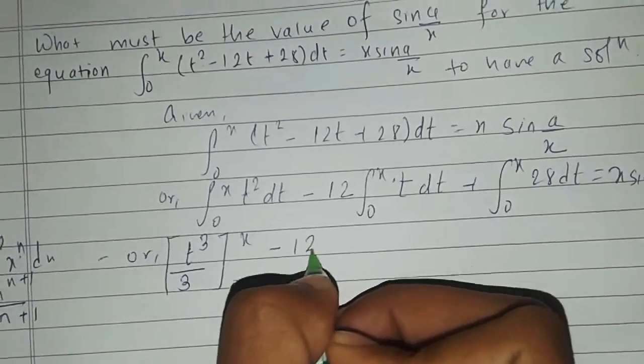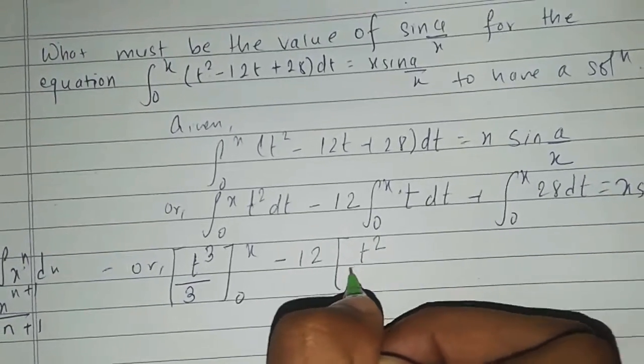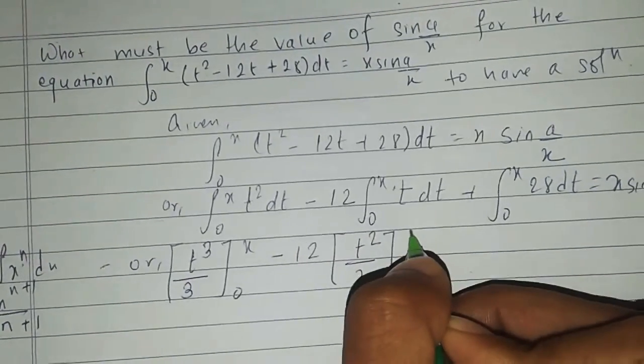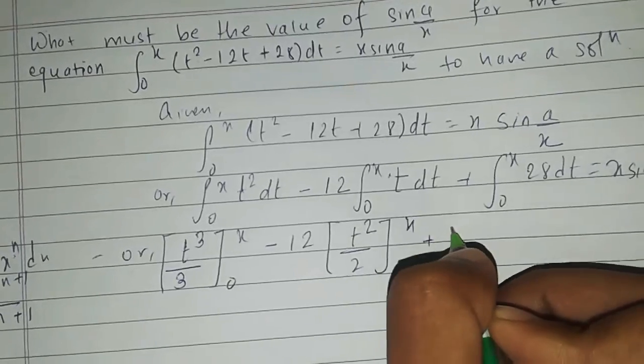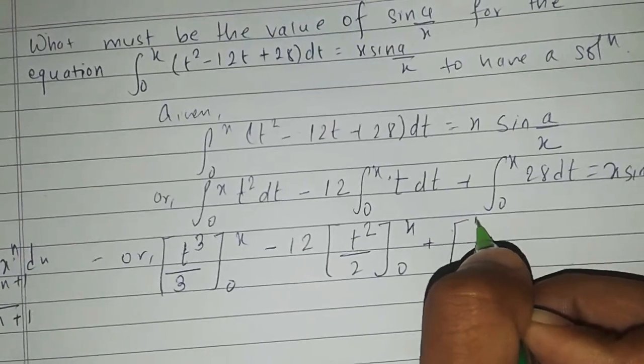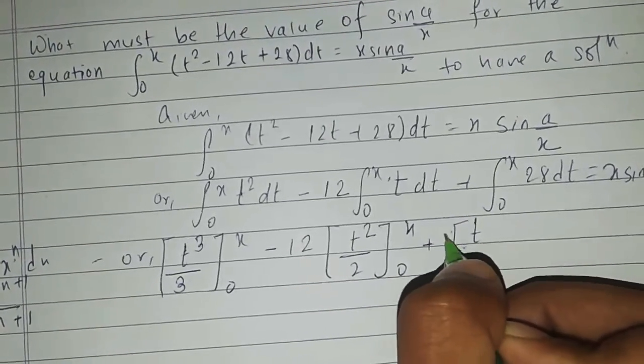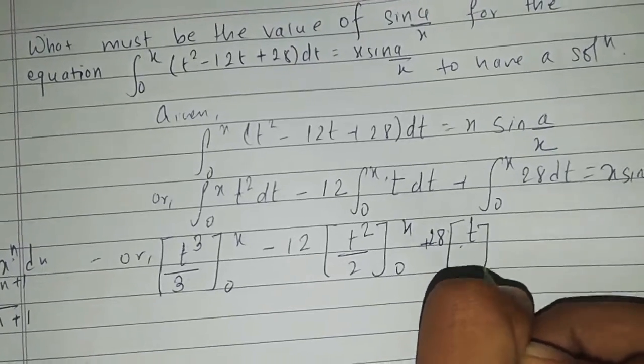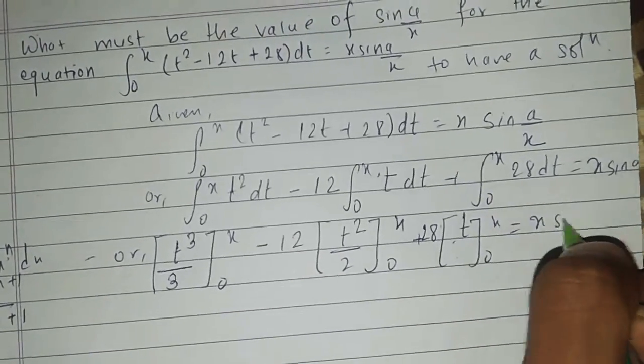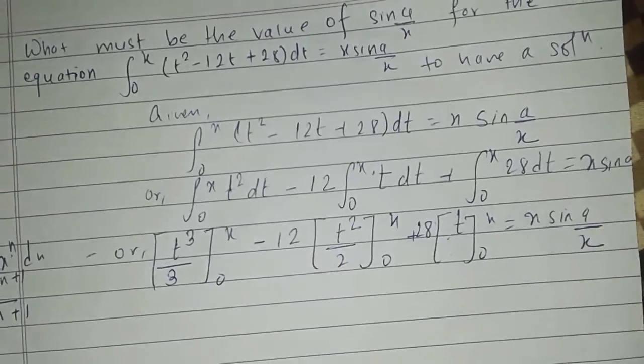We still have to put down the values. Here also the same, t square by 2 from 0 to x, plus here will be t, 28 from 0 to x is equal to x sine a upon x.